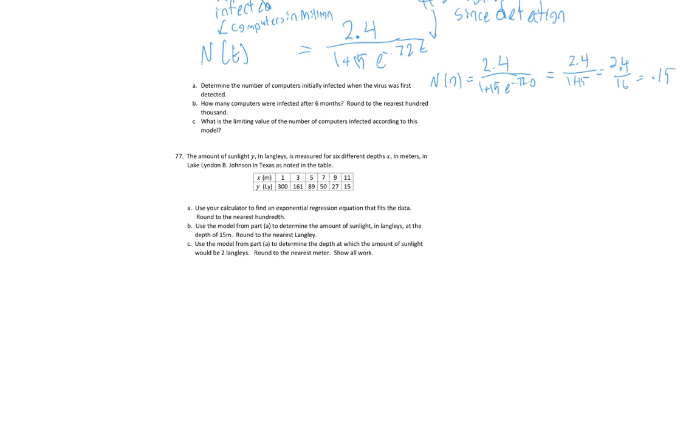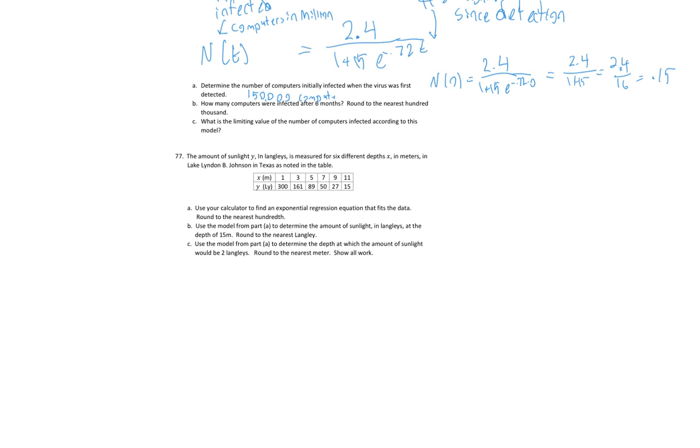So 0.15 in millions, so if you multiply that times 1 million, that's 1 with 6 zeros after it. 1, 2, 3, 4, 5, 6, yeah. You get 150,000. And it's important to remember that this is millions, 0.15 millions of computers.